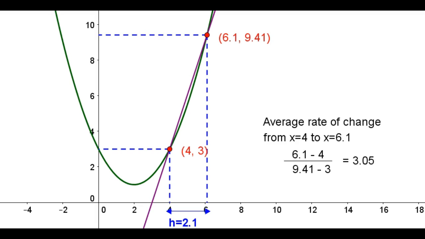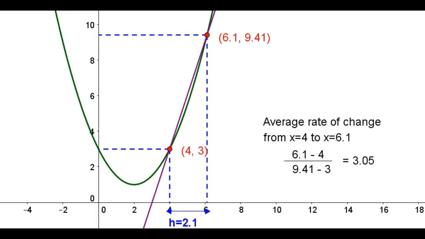So right now, the first point has an x-coordinate of 4, the second point has an x-coordinate of 6.1, and we can also see the fraction that tells us the average rate of change from x equals 4 to x equals 6.1.